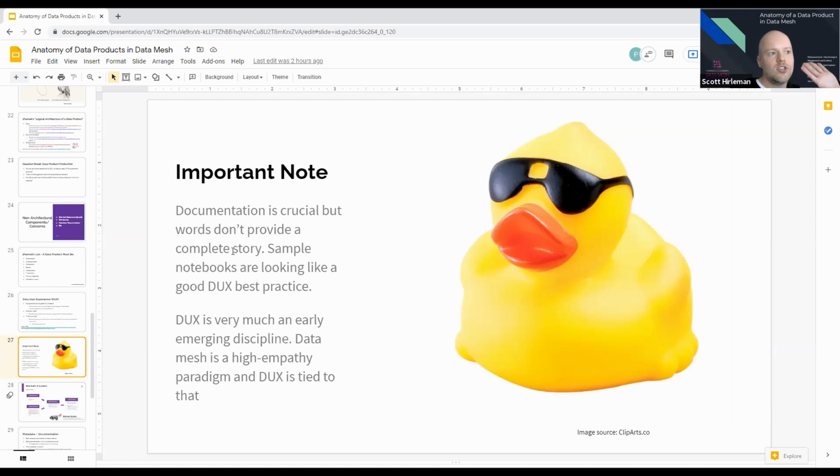But showing people what they might want to do matters. This is very much an early emerging discipline. I'm the only person I know of that's talking about ducks, and I keep trying to brand it that so I can make bad puns. But I think it really matters when you're talking about where we're going with data mesh and those consumers.